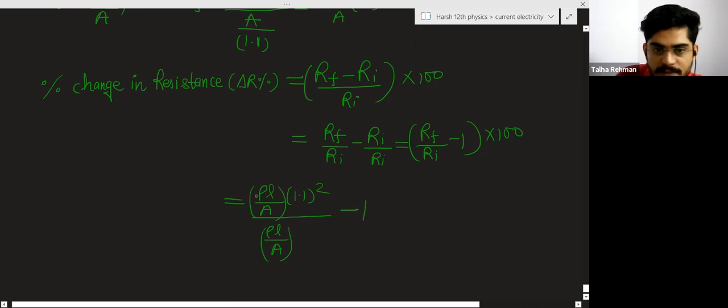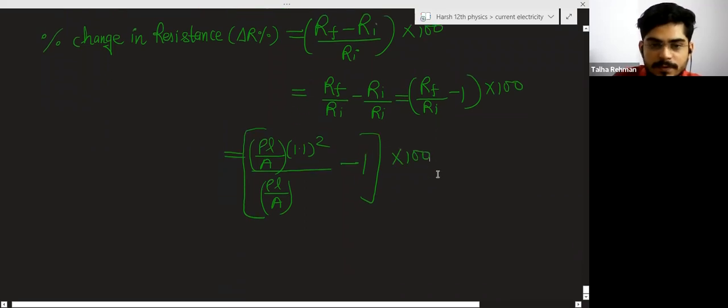This is minus 1 and multiplied by 100. So this rho L by A is gone. So you have now 1.1 square minus 1 into 100.